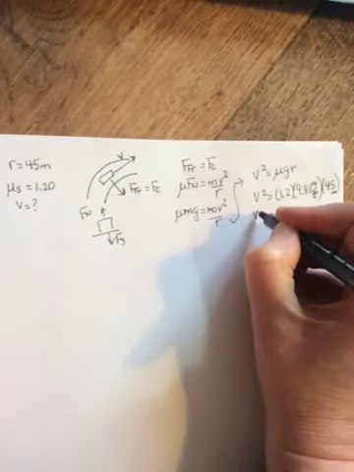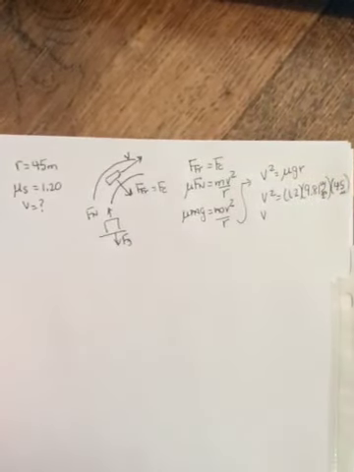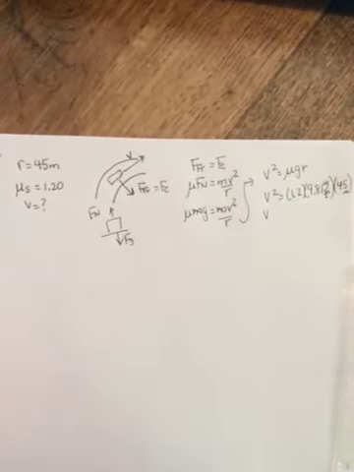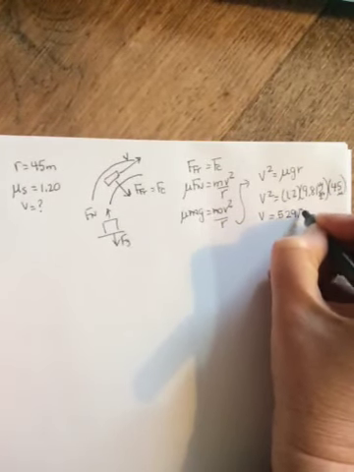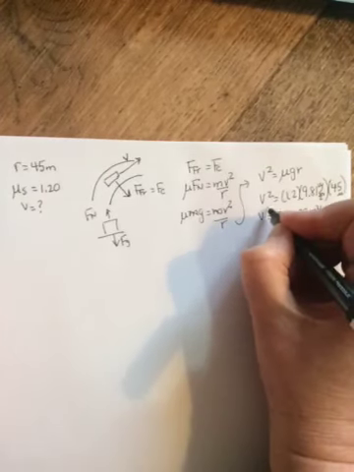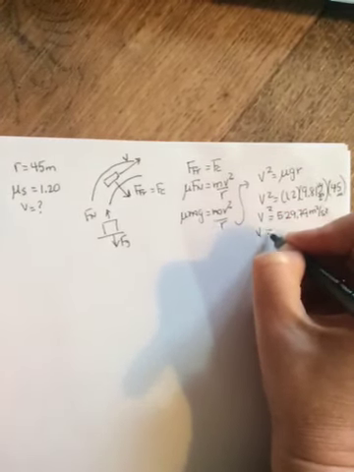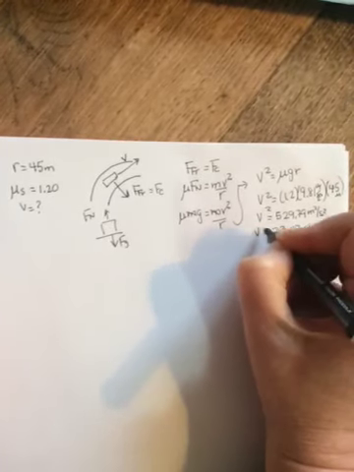Okay, remember that's v squared. You're going to have to take the square root. So if you got something like 529.79, which seems awfully fast, it is because that is v squared. Take the square root and you get 23.02 meters per second.